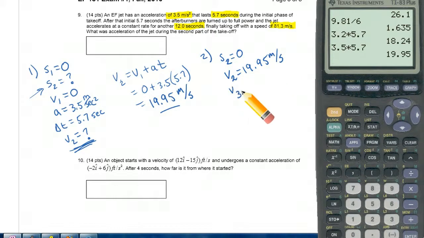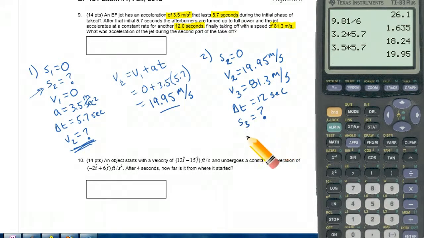Takeoff speed, V3, 81.3 meters per second. Delta T, 12 seconds. We don't care what S3 is. We want to find acceleration.